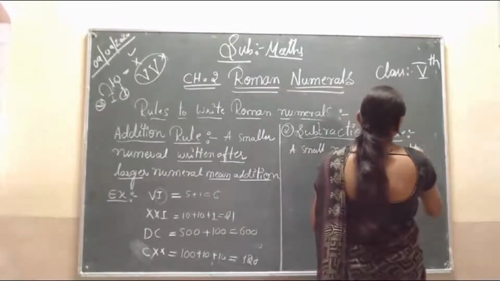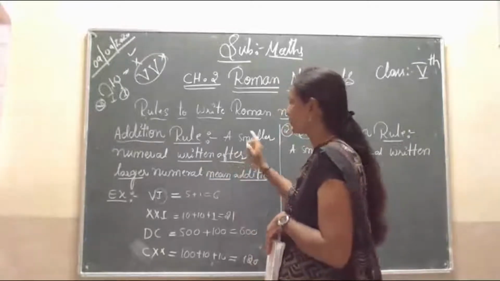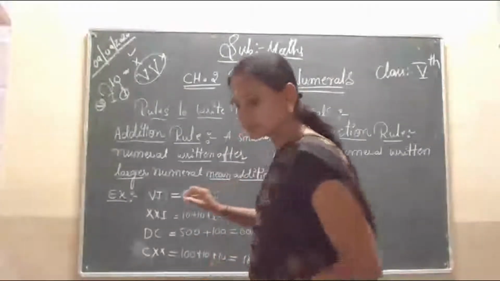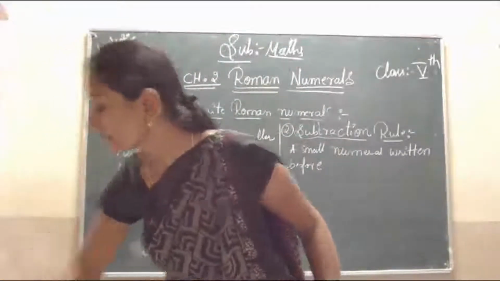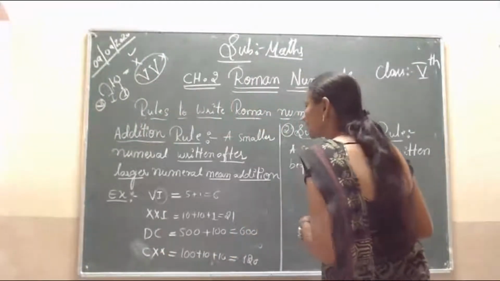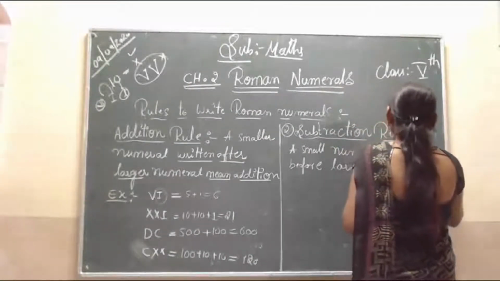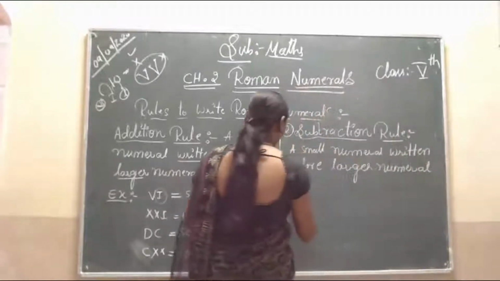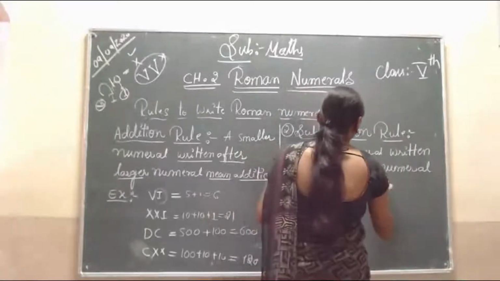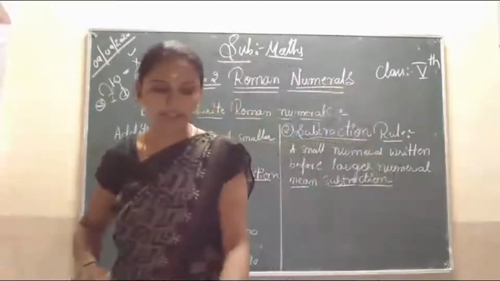So the subtraction rule means a small numeral written before a large numeral, students. After is addition, no? Before means written before a large numeral, that means subtraction.